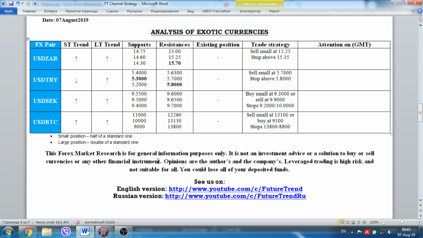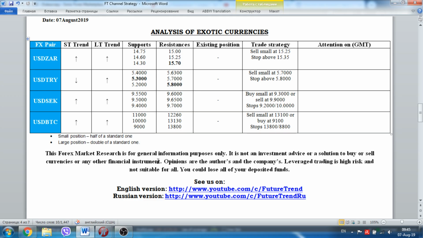Look, at the moment there is an important support barrier located at 9.55 with another one located at 9.50. A break and closing below 9.55 should take the Swedish crown to the level of 9.50 and even 9.40 in the nearest future.